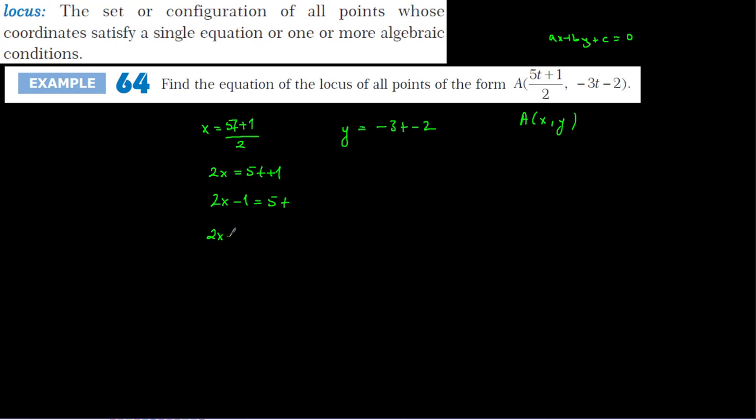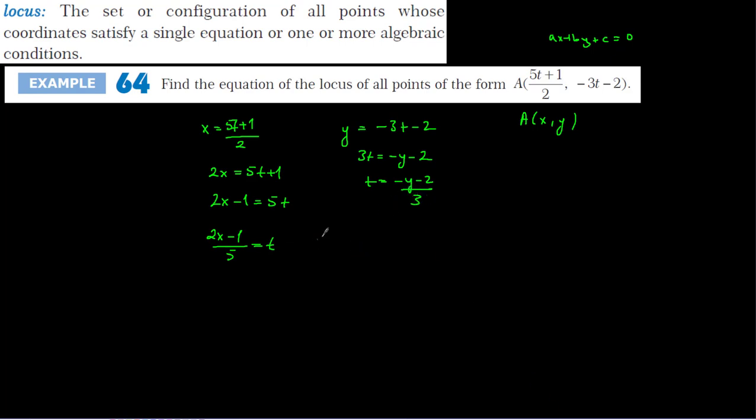Then 2x minus 1 over 5 has to be equal to t. And on the other side, 3t is equal to minus y minus 2, so t is equal to minus y minus 2 over 3.